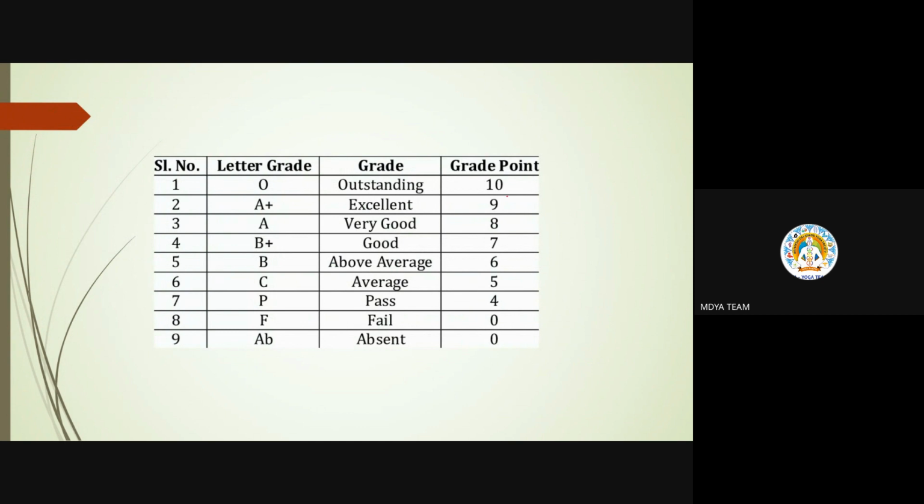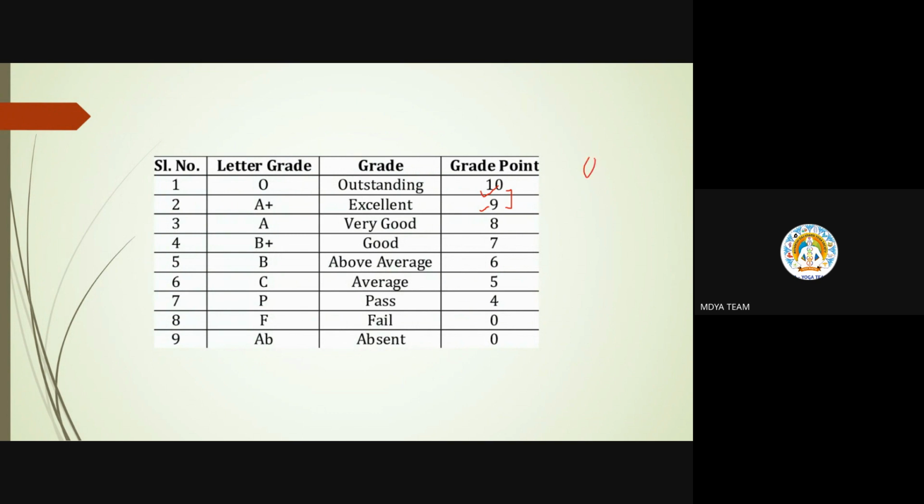So these are the grades they are using. Like if the CGPA is 10, they can just give you an O, or outstanding. If it is 9 to 10, they are giving you A plus.